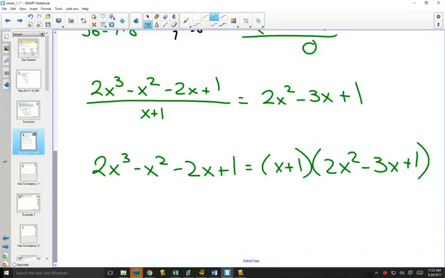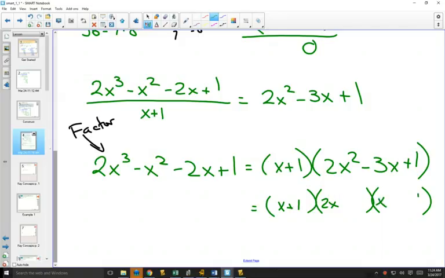Why is this so powerful? Because later on, you're going to be getting questions that say, factor this. And we already factored it once. In fact, if you wanted to, you could now use your previous skills and say, can I factor this? Well, it would have to be 2x and x, 1 and 1, minus and minus. Sure enough, we factored that expression completely.